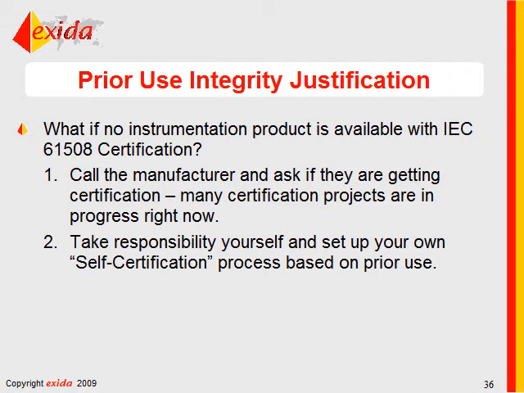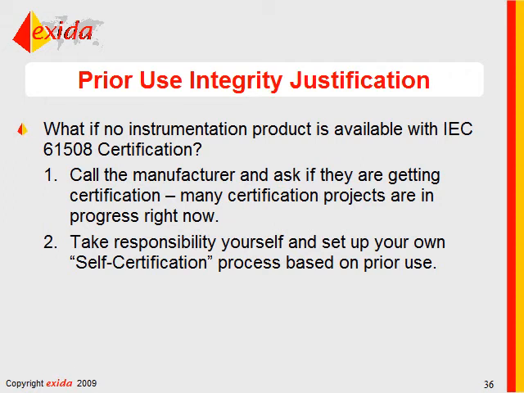Well, the first thing you might do is call the manufacturer of the product you're interested in and find out if they're getting a certification, because I assure you there are many certification projects that are actively in progress right now. Prior use justification documentation is a bit of work, and you certainly don't want to do it if you don't have to.